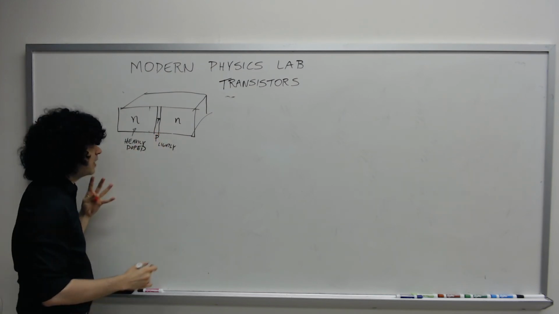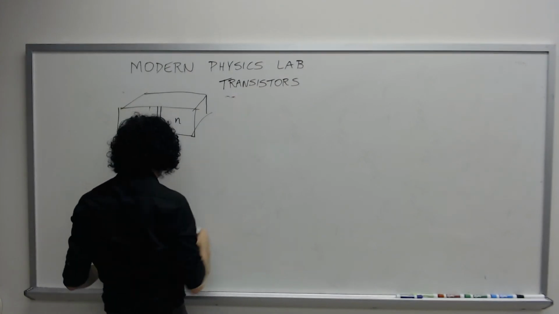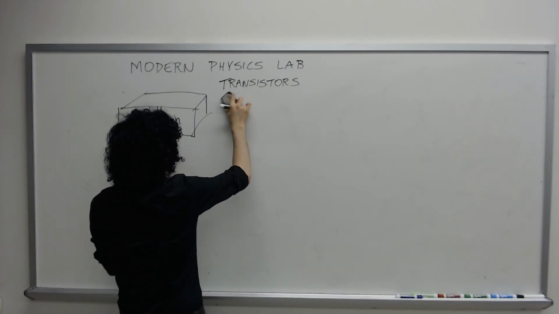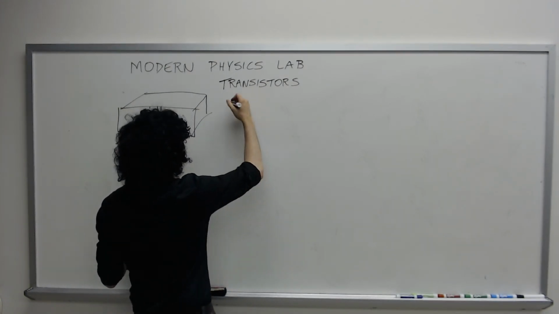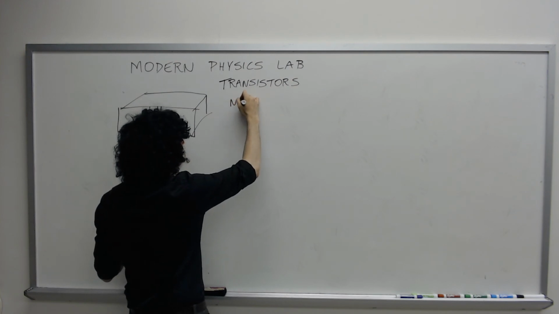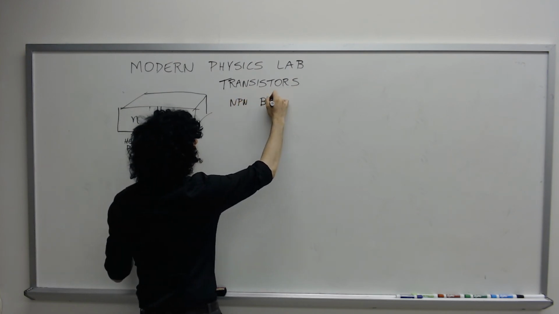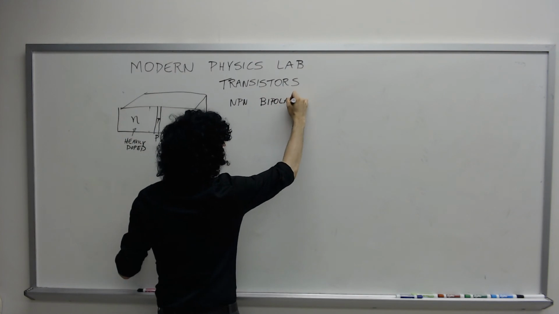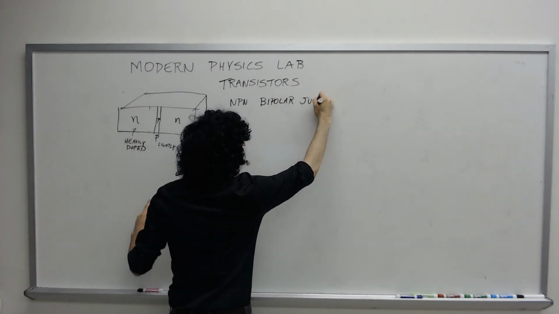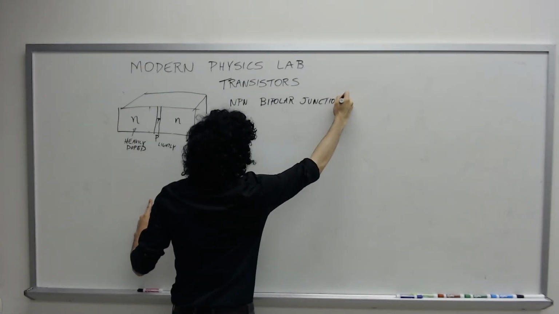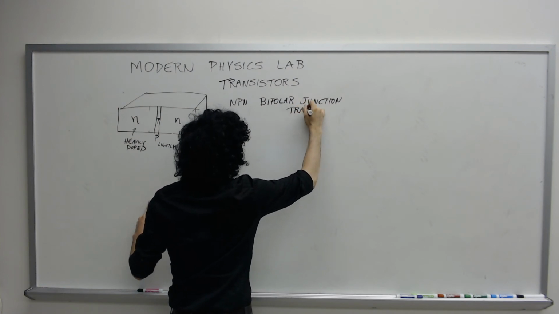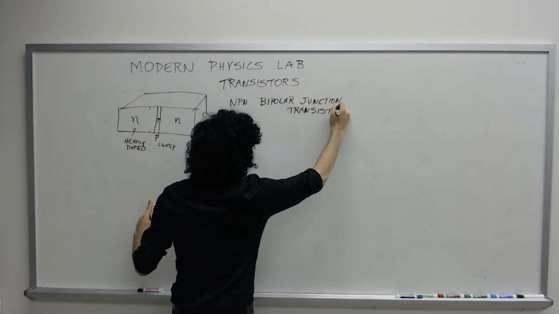And the type of device, as I explained how it works, is called an NPN bipolar junction transistor.